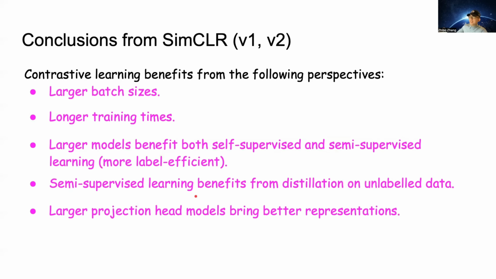So as we see here, the majority of the conclusions from contrastive learning are about computation. Indeed, contrastive learning is very impressive in terms of model performance or downstream task performance. But there is no free lunch, right? You have to pay the price. And the price is that you have to pay for more computational resources.